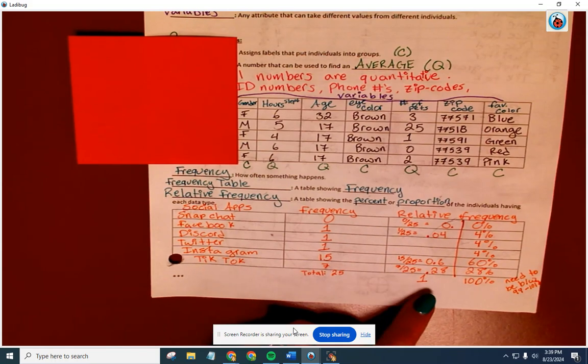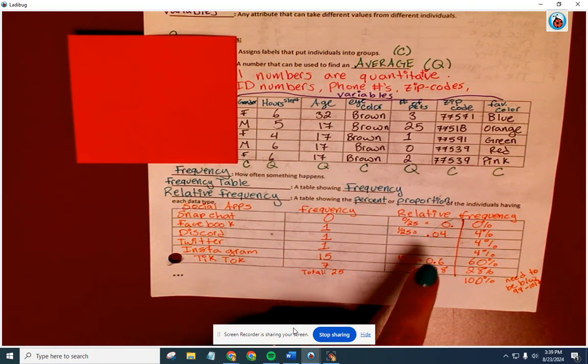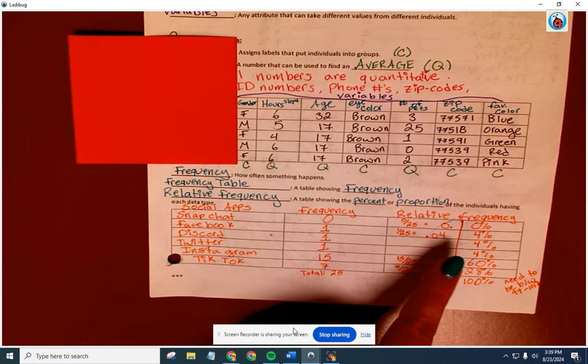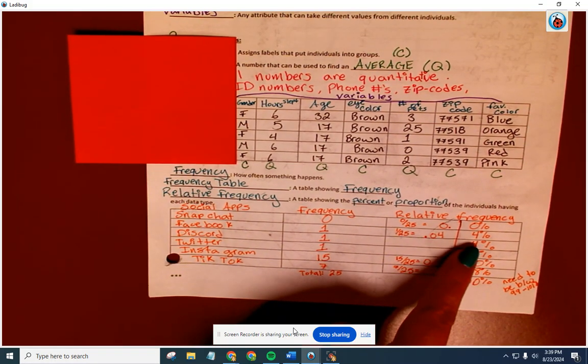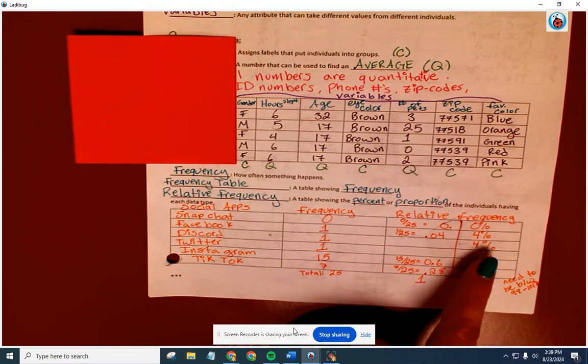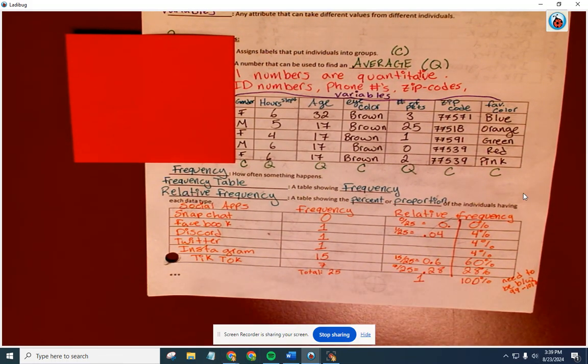Now, relative frequency is how does it relate to the other values? So for this, most of the time we start with a fraction. We look at the proportion, convert it to a decimal, and then convert it to a percent. Remember, when you are converting a decimal into a percent, you have to move the decimal place 2 times to the right. And that is all for 1.1.